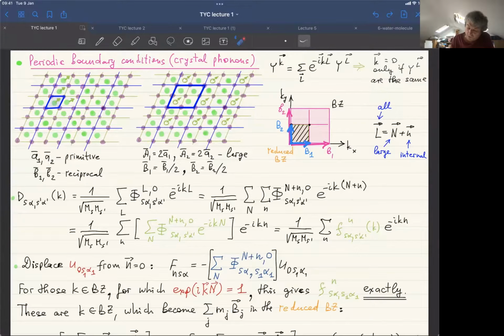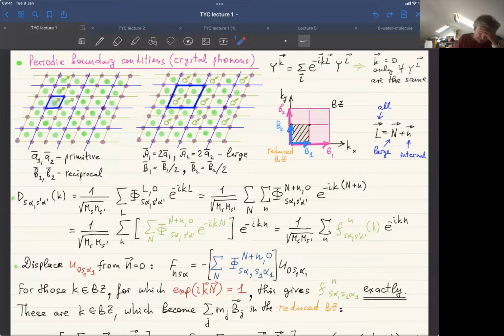Lattice translation overall, in that case, can be written as the lattice translations associated with this large extended cell, plus small translations, which are here within that large cell. Of course, if I enlarge my cell 4 times, I will have 4 such small translations: 0, this one, and this one. Right.